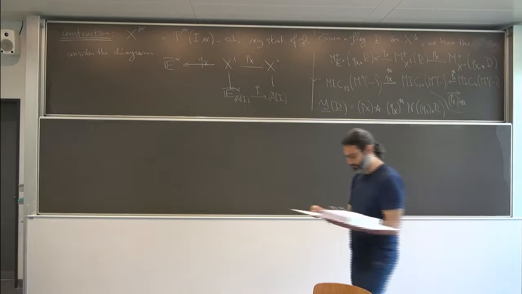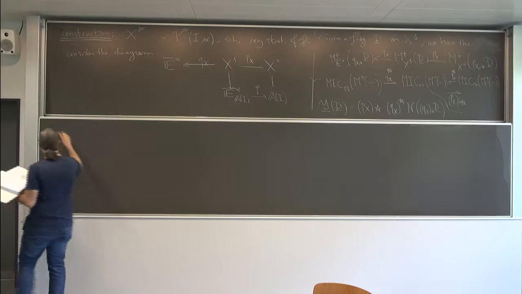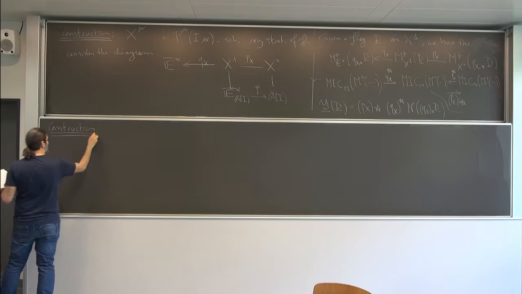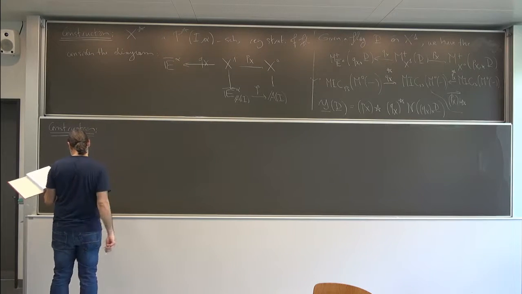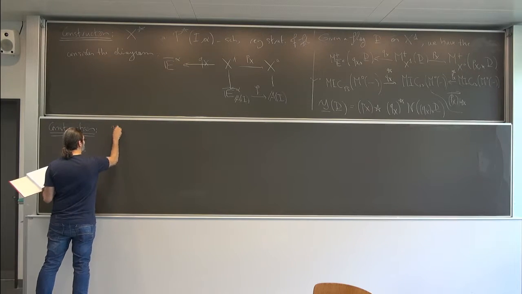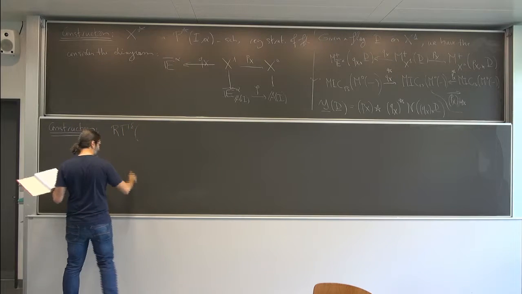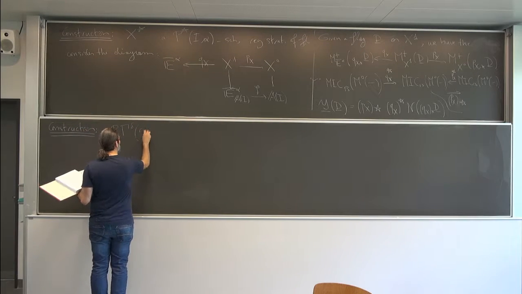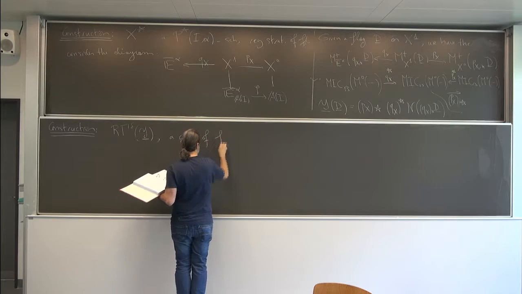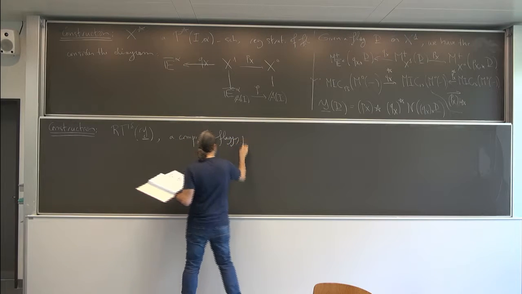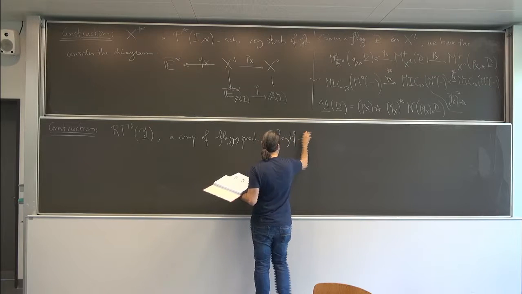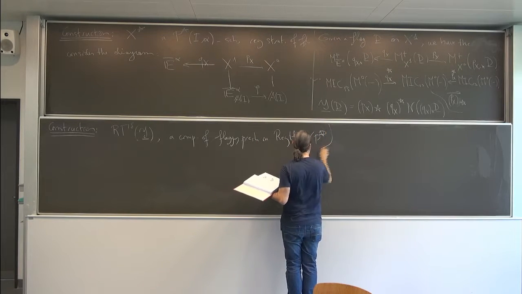Okay, so let's continue a little bit. Now that we have this flaggy presheaf, we apply our gamma to it, and this gives us the complex of flaggy presheaves on regular finite type stratified P star.